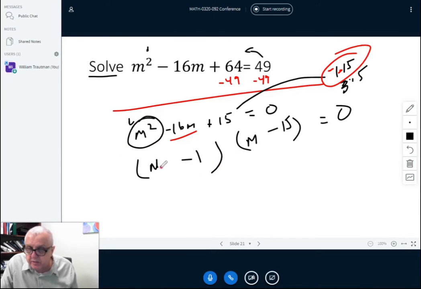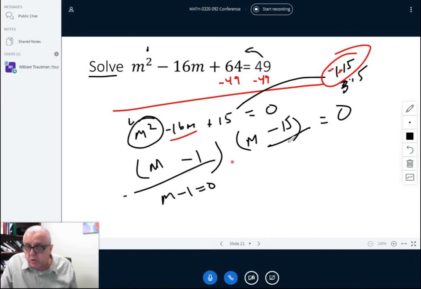So we have m minus 1 times m minus 15 equals 0, using the product rule of multiplication. Two things multiplied together and it equals 0. One of these has to equal 0. The m minus 1 has to equal 0, or the m minus 15 has to equal 0.